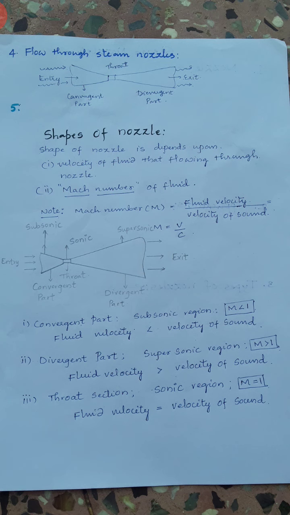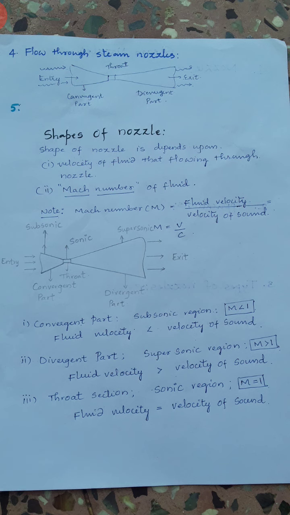As the fluid enters the throat from the convergent part, it becomes a sonic region, meaning the Mach number is equal to 1, that is, fluid velocity is equal to velocity of sound.